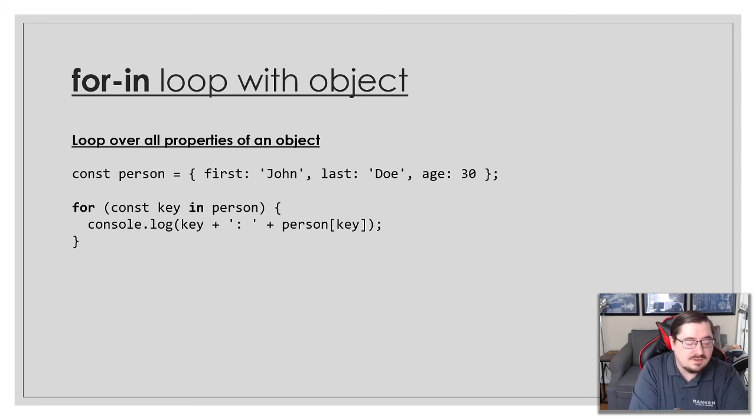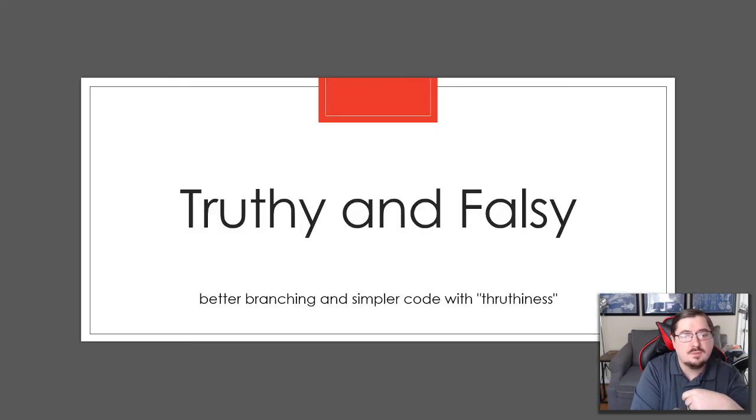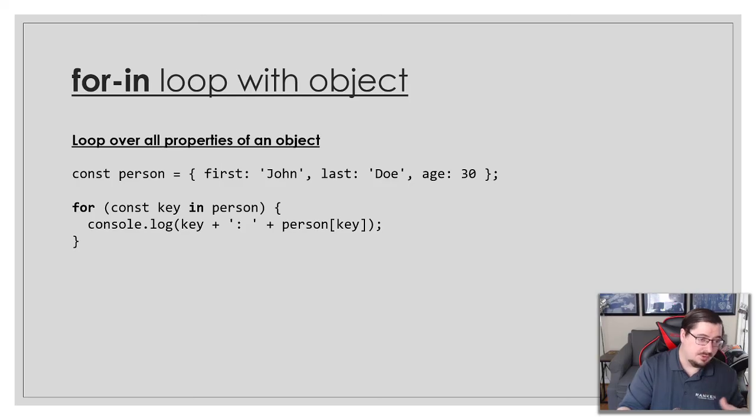It's relatively rare that you'll want to loop over an object. It does sometimes happen. Most of the time we'll be looping over arrays, but just so you know, that's why that exists. That typically means when you're looping over objects, you're going to use for in. If you're looping over arrays, it's usually going to be for of. Okay.